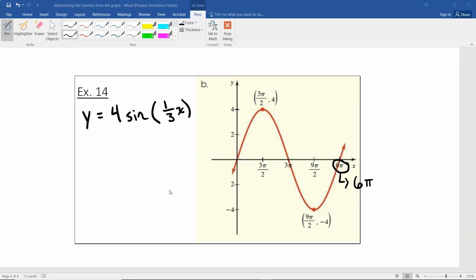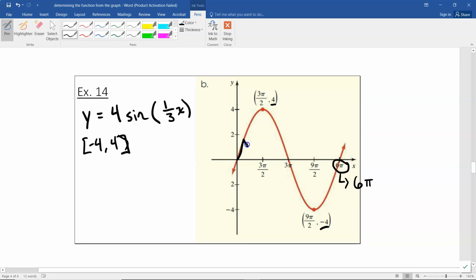Okay, so your solution should have been y equals 4 sine of a third x. And if you're wondering how I got this, first we can note the 4 and -4, which gives us our range. It starts by going upwards. So this gives us a positive a coefficient of 4.